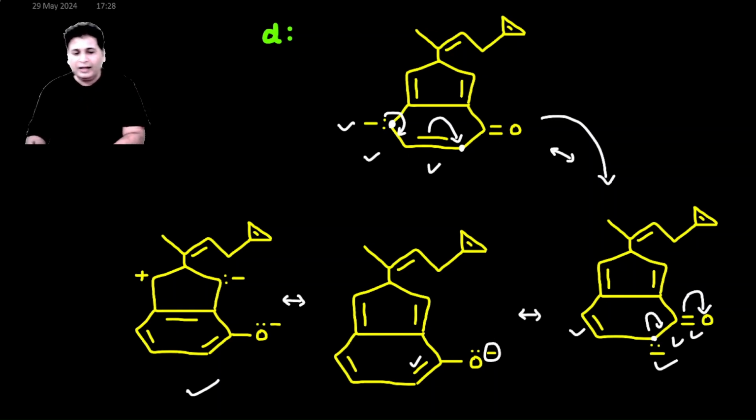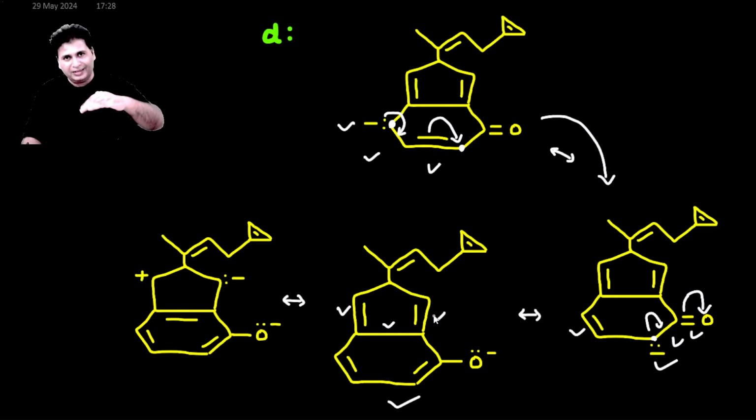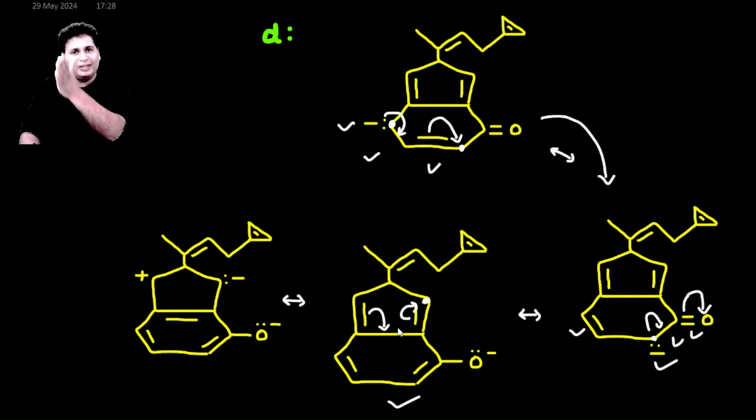You understand, after you have made the second last resonating structure, you can see that there is a conjugation, double, single, double, in the upper ring. So there is a conjugation and the resonance will happen. In that case, the resonating structure you are going to draw is like this. You shift these pi electrons like this, and these pi electrons are going to sit on this particular carbon. You could have done the other way also, the opposite way also.